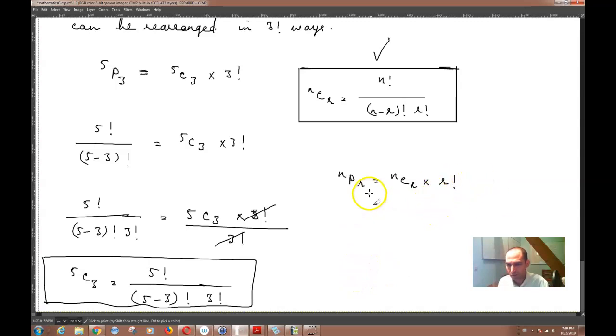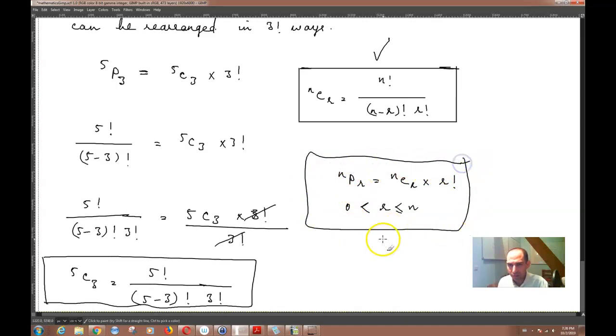And of course, at this point we know that 0 is less than r, less than or equal to n. It seems that r cannot be equal to 0, but this seems to be the case here. And of course, in this relationship, if I were to calculate n combination r, I would simply take n permutation r and divide it by r factorial, as you already know.